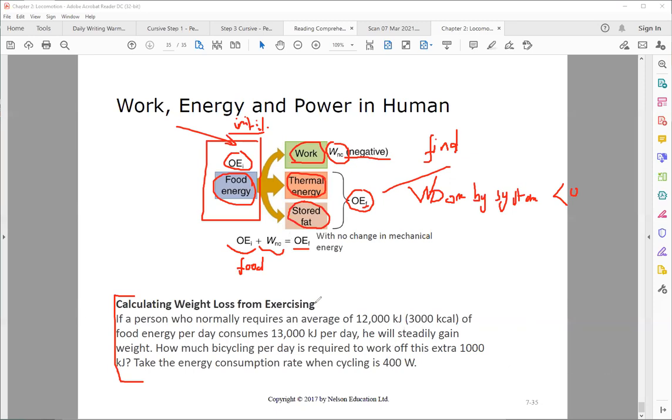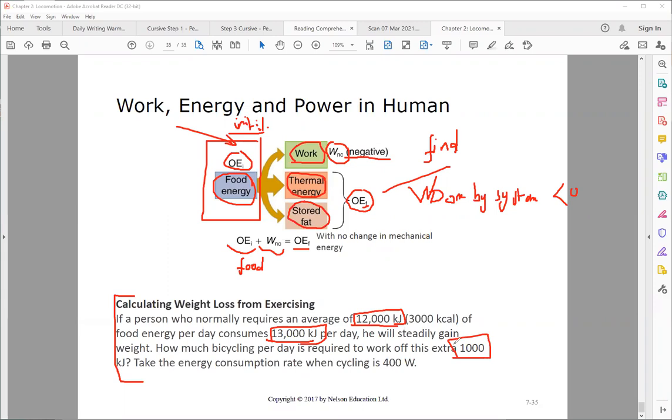Now again, we're talking about a normal person, okay, requiring 12,000 kilojoules as food energy, and then consumes 13,000 per day. Of course, if the person only needs 12,000 and consumes 13,000, we have an excess, an extra of 1,000 kilojoule.